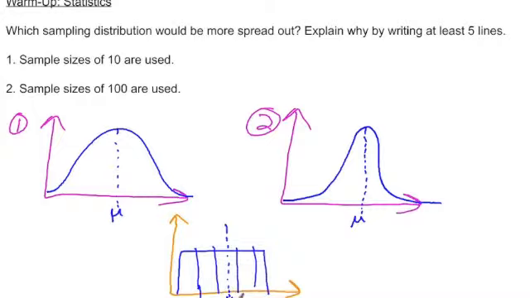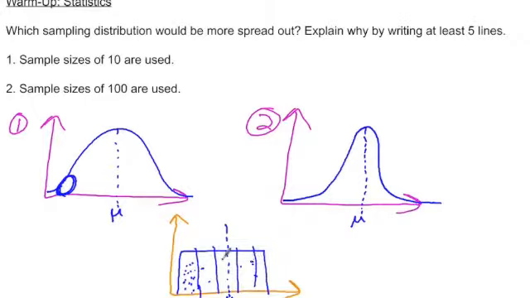But taking samples of size 10, maybe there are several data values in each of these classes on the histogram. We could take all 10 values from just this class down here, so that would give us means down in this area. Whereas over here, if we're taking samples of 100, it's more likely that not all 100 are going to come from this class.